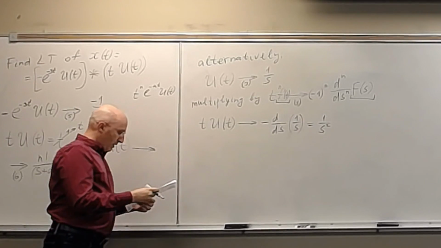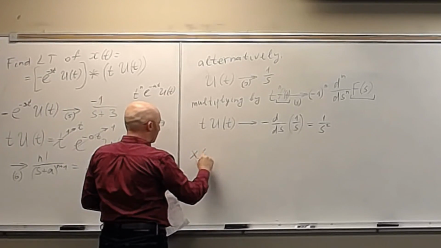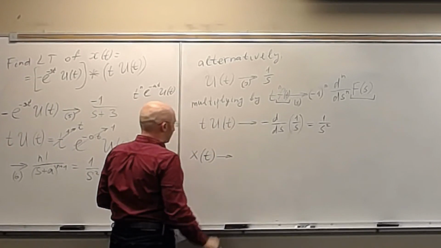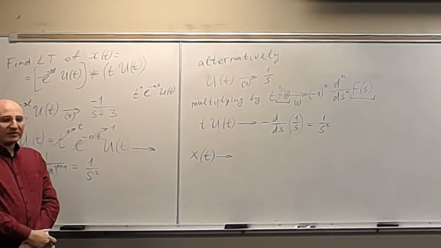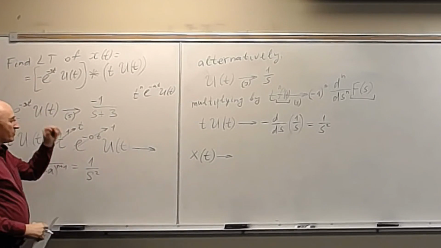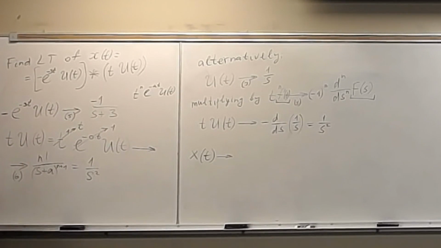Okay, and now all you need to do is define the transform of x of t, which is based not on the property of linearity, but on the property of convolution. So what is that property? If the time domain is convolved, what happens in the Laplace domain? They multiply. So we just need to multiply here.